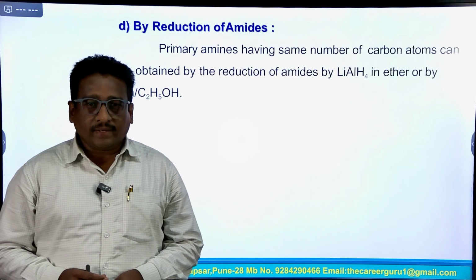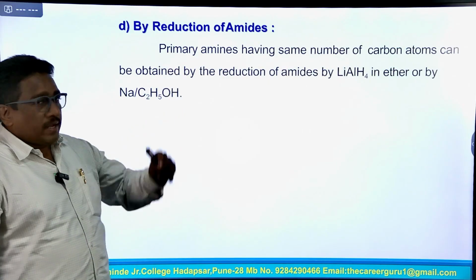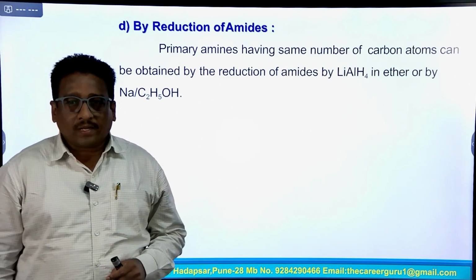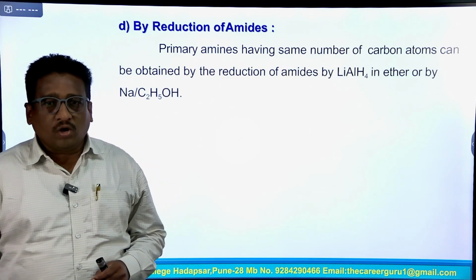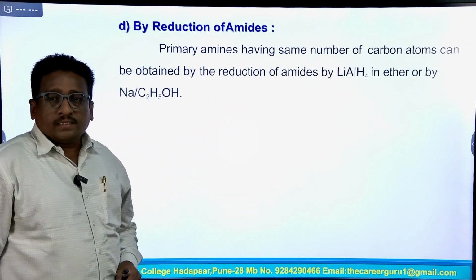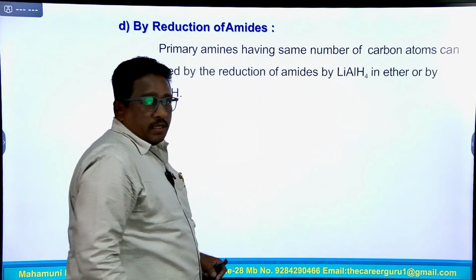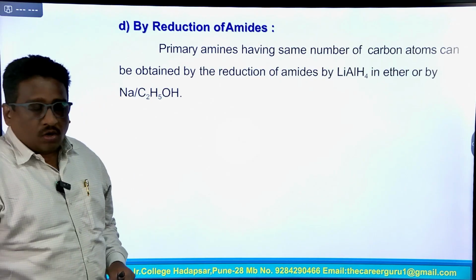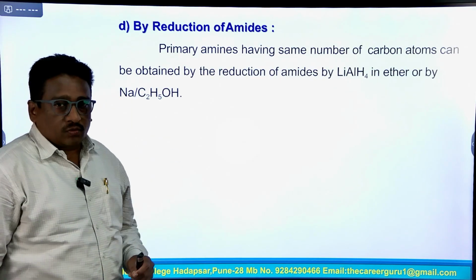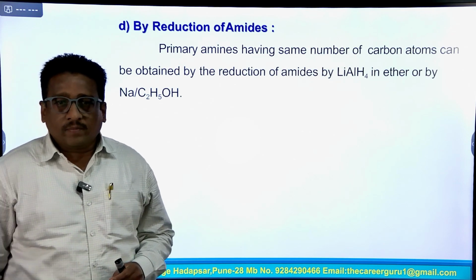So, the reduction of amide. In this reduction of amide, a primary amine having the same number of carbon atoms can be obtained by the reduction of amide using lithium aluminum hydride in ether, which is the reducing agent, or sodium in ethyl alcohol. These two reagents are used for the reduction of the amide molecule.